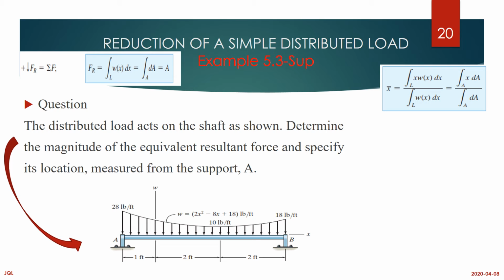It's by integrating the area times the distance. The distance in this case, which happens to be the X. Once we find that, we divide those two, the volume over the area, then we get the location where our FR, our resultant force, will be.